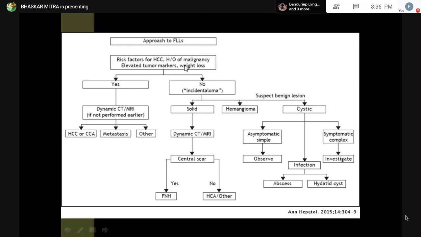If there is a risk factor for hepatocellular carcinoma or elevated tumor markers, then do a dynamic CT or MRI, looking for hepatocellular carcinoma, metastasis and others. If there is no such finding, it may be solid or cystic or maybe a hemangioma. Then again look for the central scar, FNH and hepatocellular adenoma.